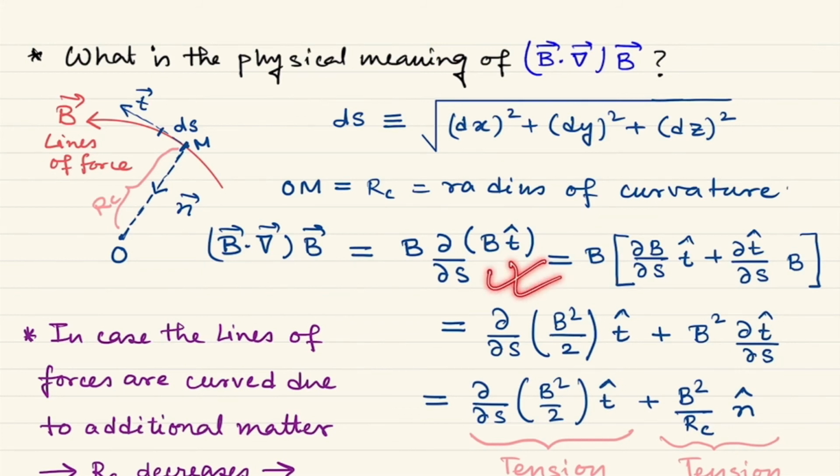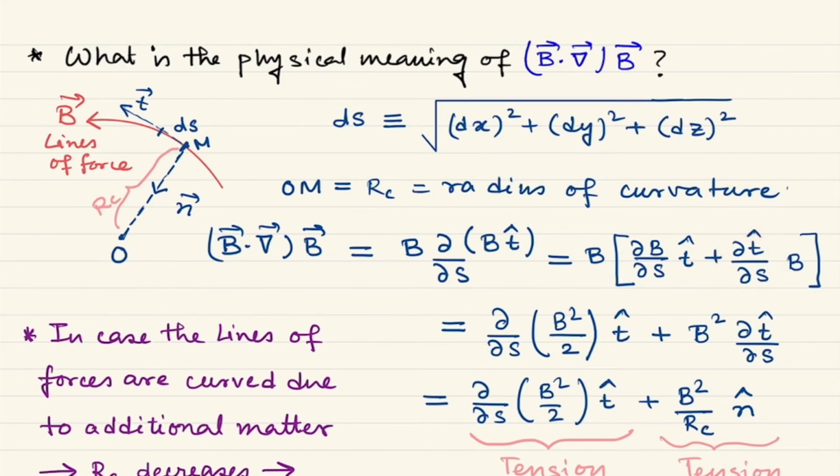So we write this in this form, and then we can expand it as B del B del S T cap plus del T cap del S B. Of course, here the unit vector changes its direction along the line. So that's why this term is non-zero, and this term is easy to analyze: del S B square by 2 times T cap, you can simply write it in this form. And what about this term?